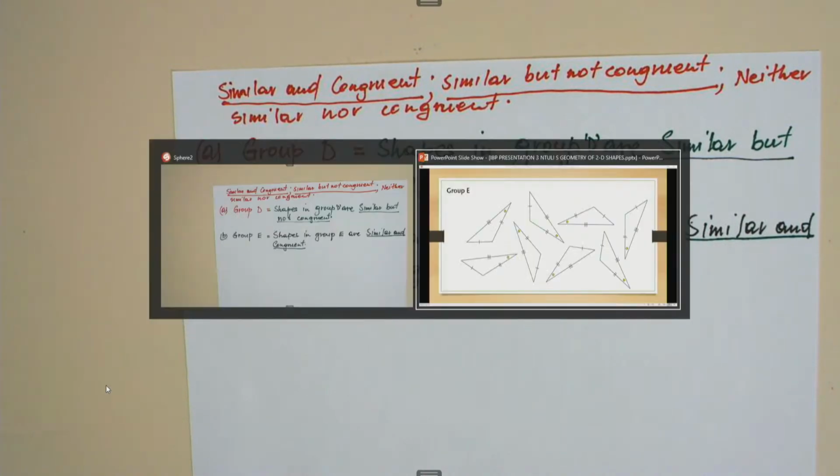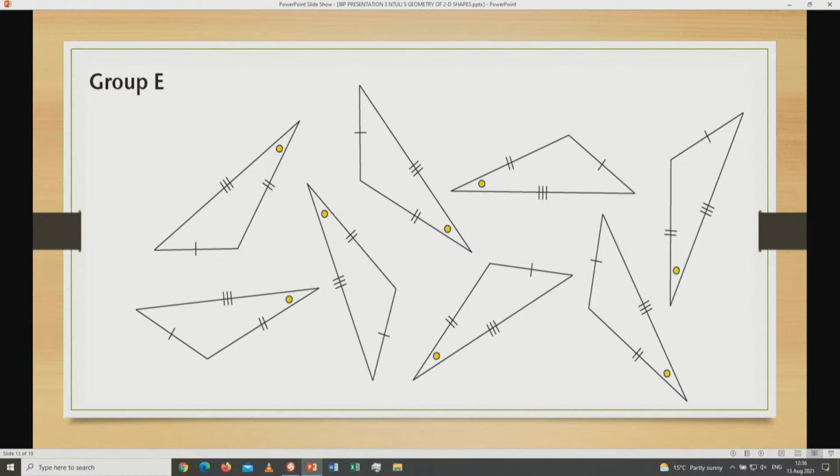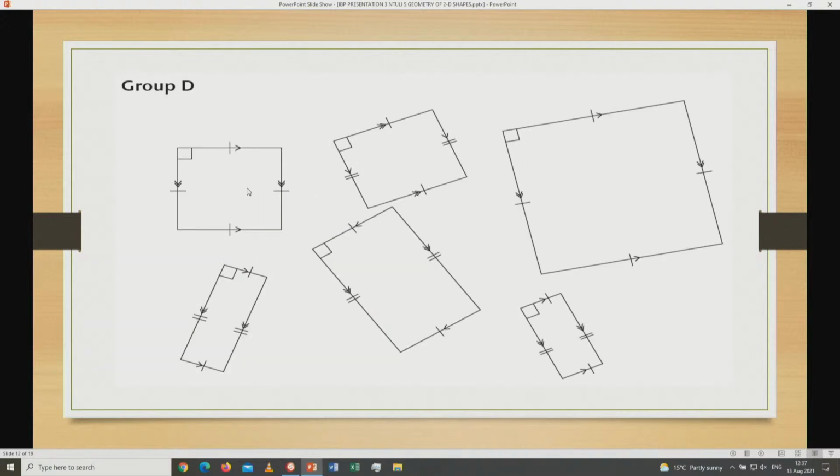Let us look at them again. Yes, they are same shape and same size. These shapes are equal. You see, all of them are equal to each other. If they are like this, then we say these shapes are similar and congruent. Whereas in group D, the shapes were similar, but they were not congruent.